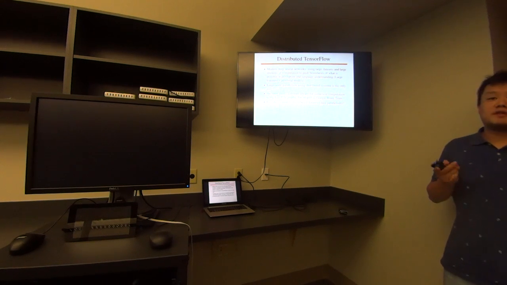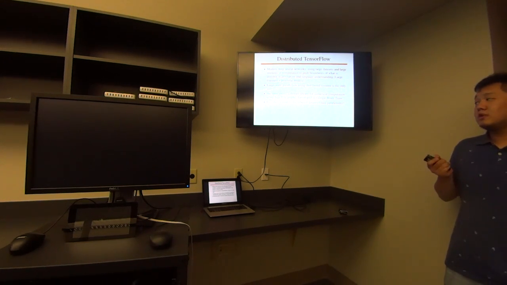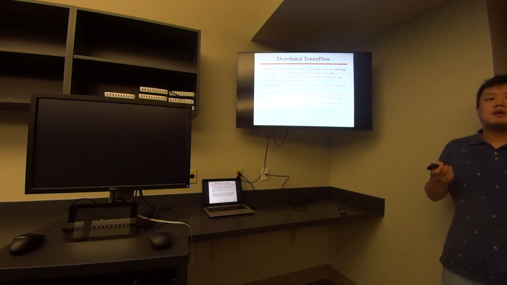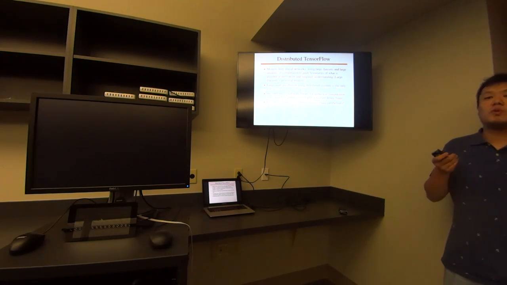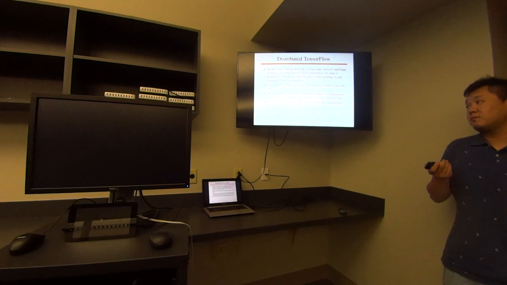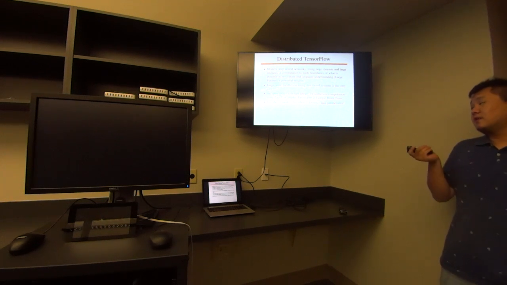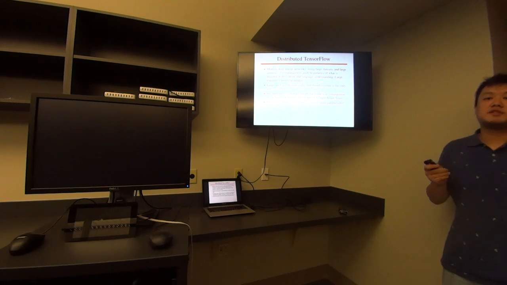The difference between these two kinds of parallelism is that for the distributed model, you put a whole model across different nodes in the cluster. This happens because one model is too big to fit in one node or one computer, while data parallelism is used because your data set is too large to fit in one machine.